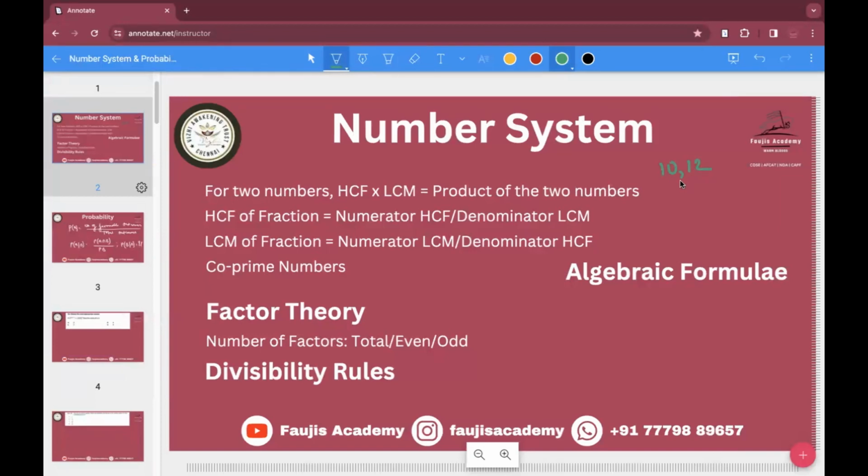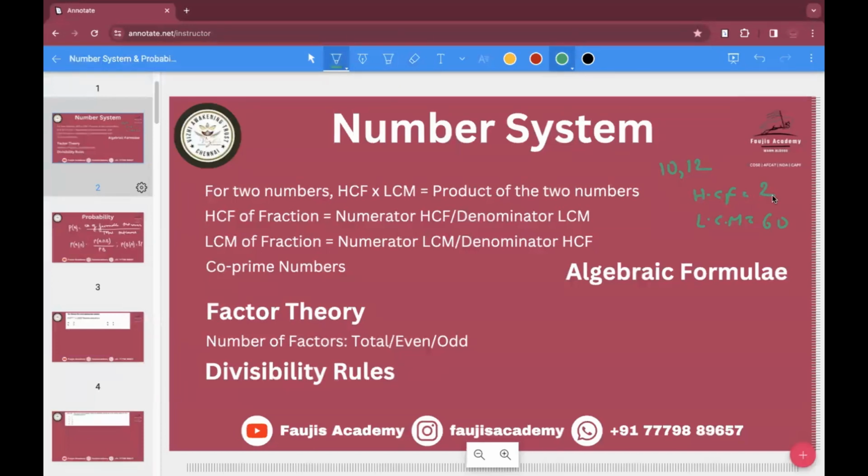In that case, what is your HCF? What is the LCM? Harishri told us this is 60. What is the HCF, guys? Highest common factor.